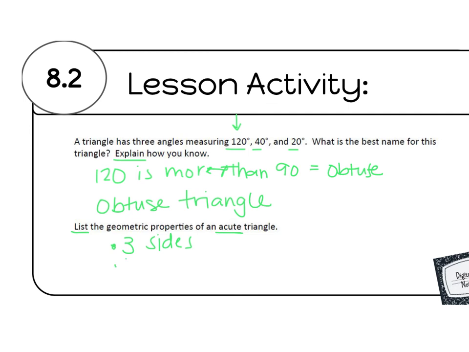It has 3 angles. And the thing that makes it acute is that all the angles are, I'm going to leave it blank, you fill it in. An acute triangle has all the angles that are.